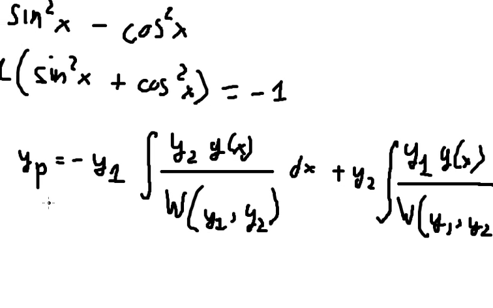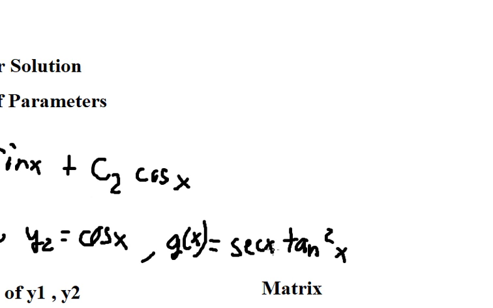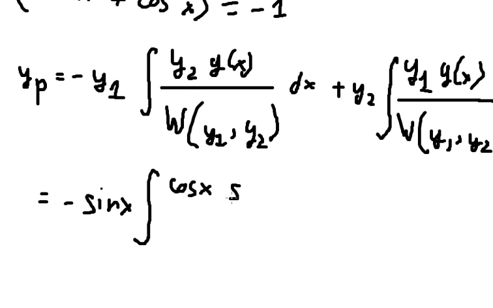Now y1 is sine x, y2 is cosine x, g(s) is secant of x tan x squared, over negative 1.